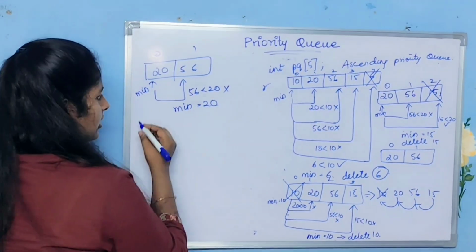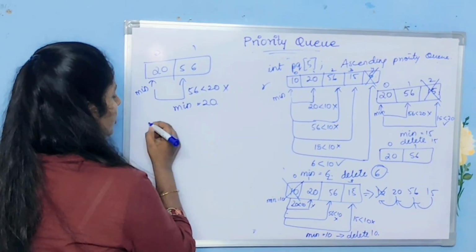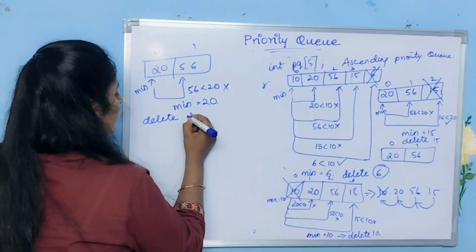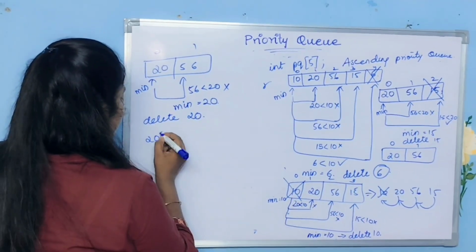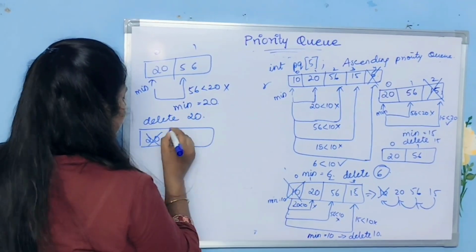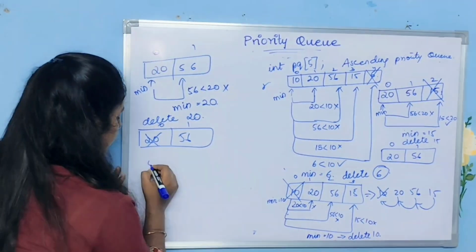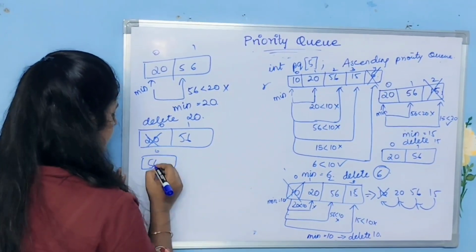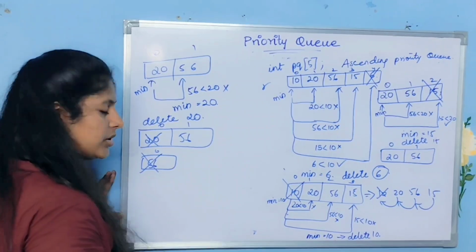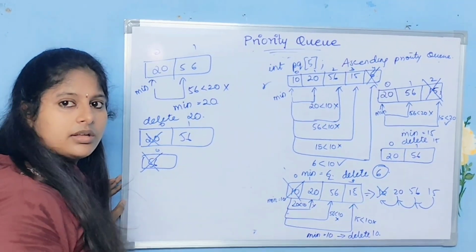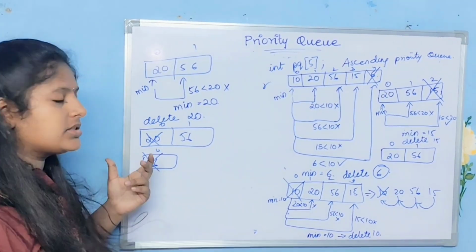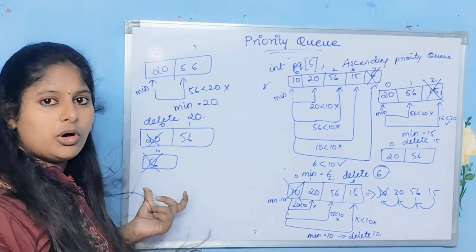Min equals 20. So now delete 20. Deleted. Now the leftover element is 56. Since there is only one element, you can delete it there.